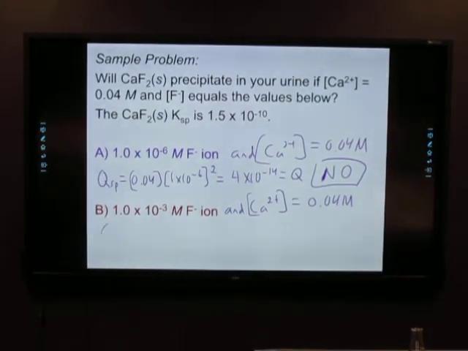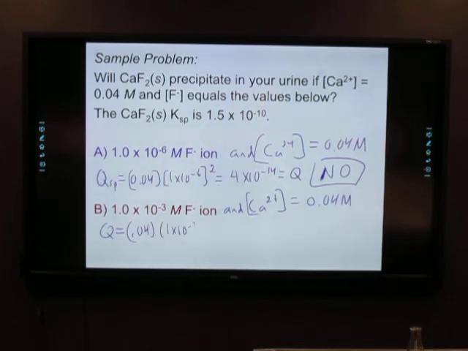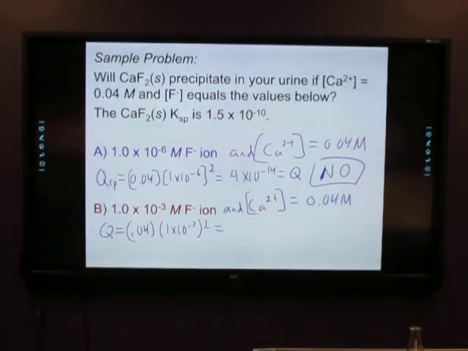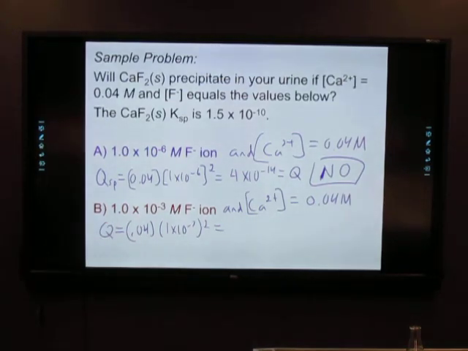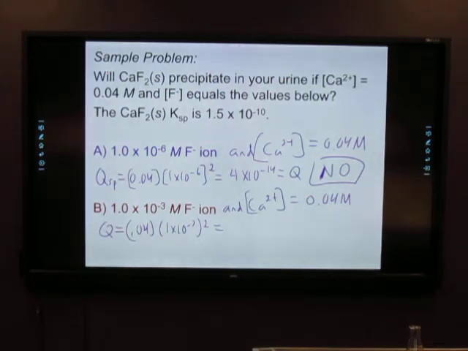This time the Q equals 0.04 times F minus squared. But that gives you 1 times 10 to the -6. We multiply that out, and you get a value of 4 times 10 to the -8.